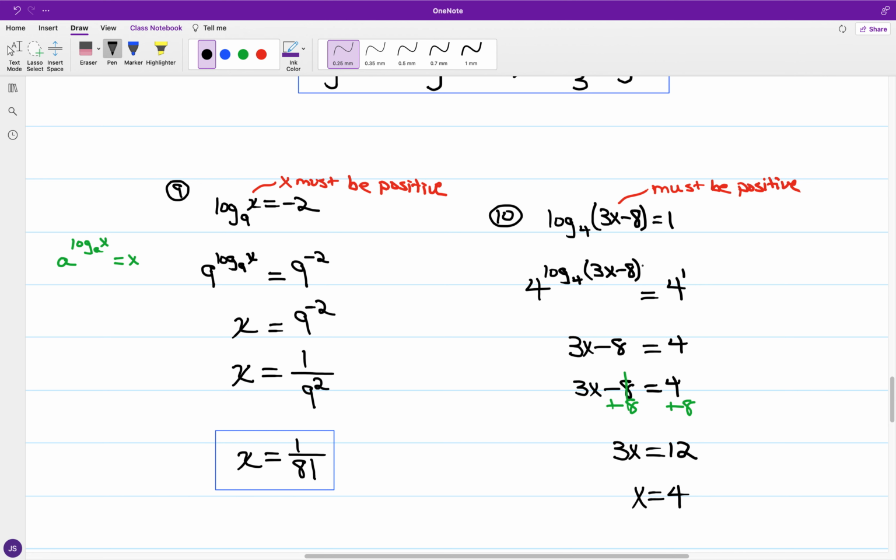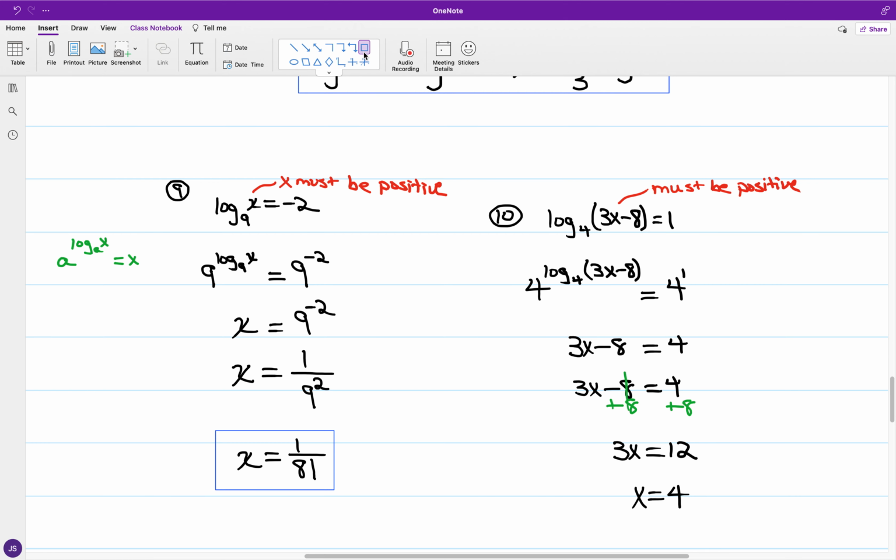Just double checking: with x at 4, 3 times 4 is 12, 12 minus 8 is 4, 4 is positive, so the value of 4 for x does fit the bill.